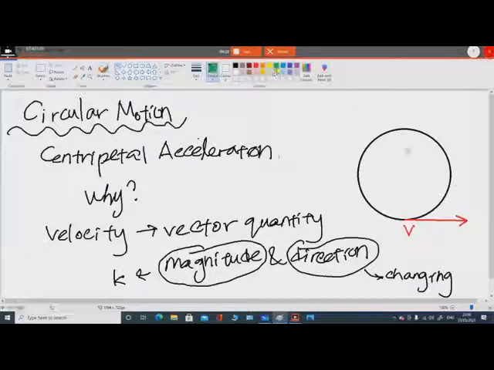So I use a green line to represent this. Okay, this is my yellow line, and this is the fourth line.